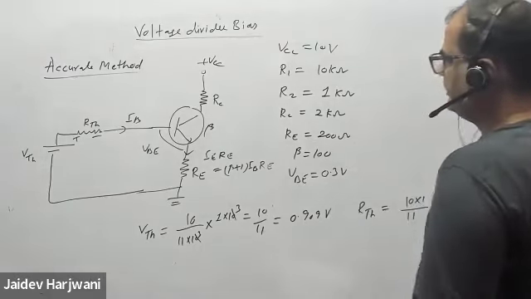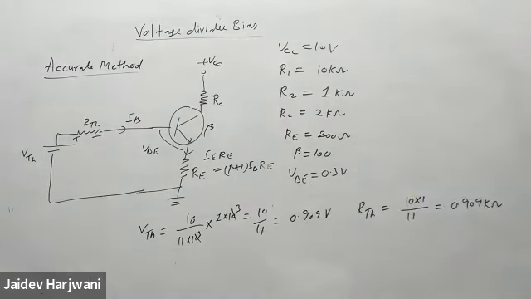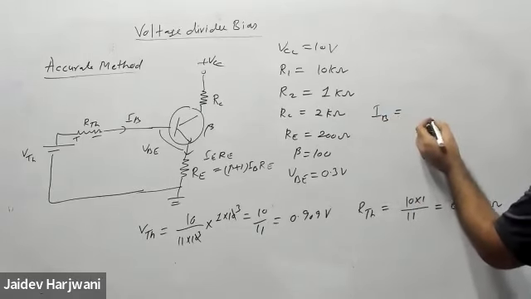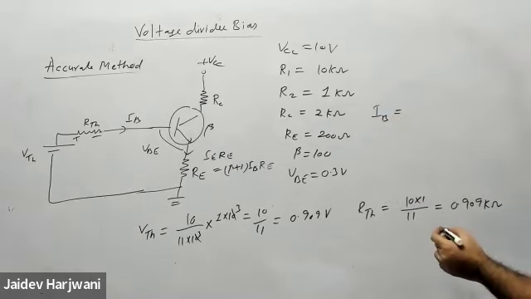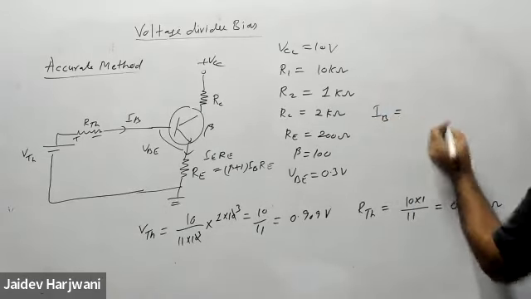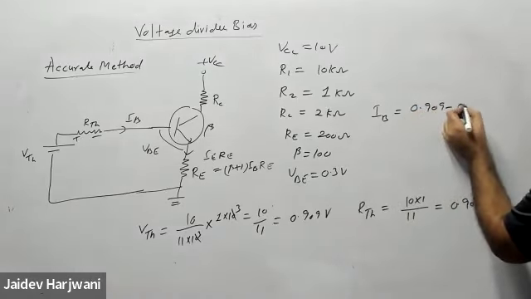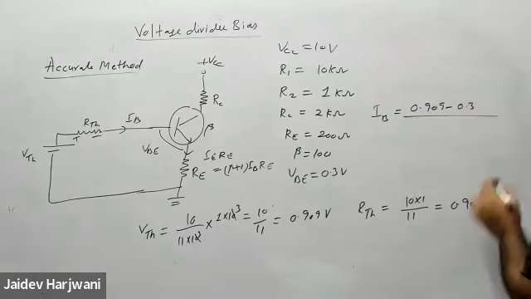Okay, best thing is the values are given. You can put in the formula and find IB. So what is the formula for IB? IB is basically VThevenin minus VBE, divided by RThevenin plus (beta plus 1) RE. VThevenin is 0.909 minus 0.3 volt.